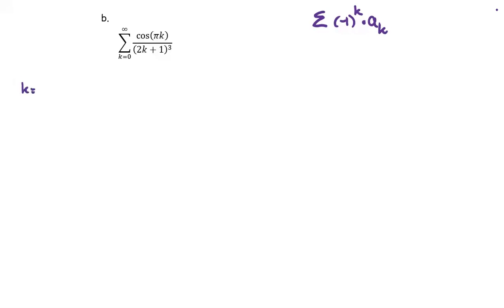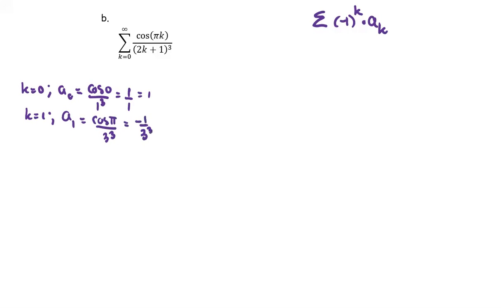For k equals 0, a_0 equals cosine of 0 divided by 1 to the third power, which is 1 over 1, or 1. For k equals 1, a_1 equals cosine pi divided by 3 to the third power. Cosine pi is negative 1, so the term is negative 1 over 3 to the third power.